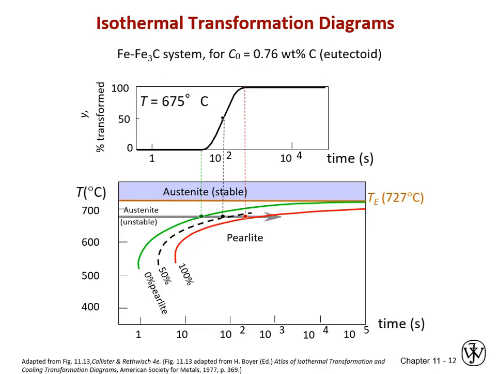This type of transformation diagram is available for other commercial alloys, not just steels and ferrous alloys. These could be assembled for just about anything. They're very expensive and intensive to form and collect because effectively every single data point is a unique sample that's been heated up and transformed under controlled conditions in a controlled furnace and then quenched and sectioned and evaluated, usually with optical microscopy, to see what the fraction of phases are.